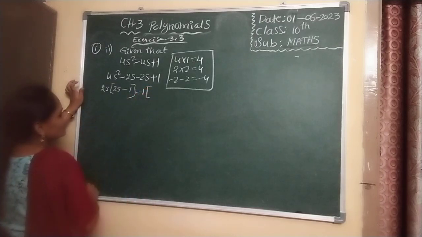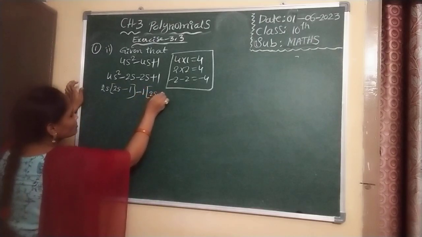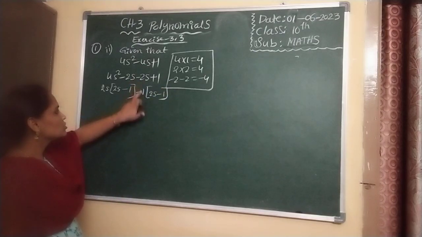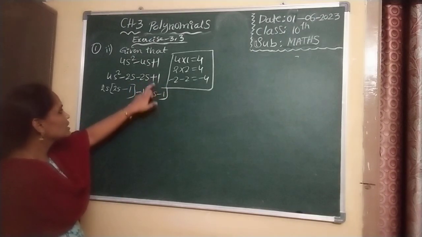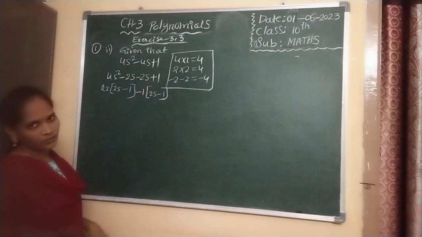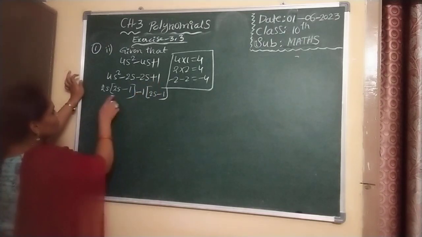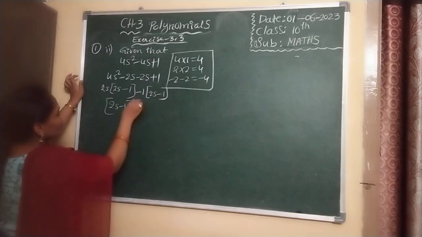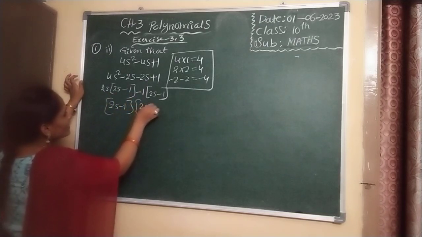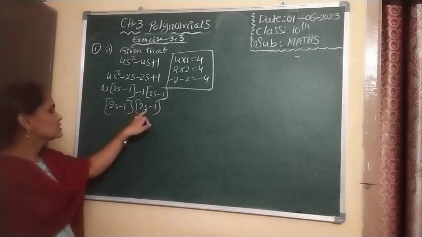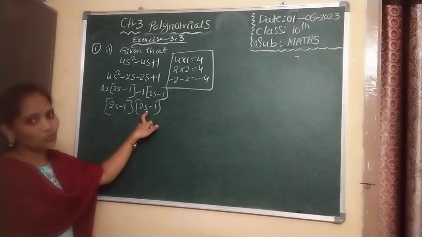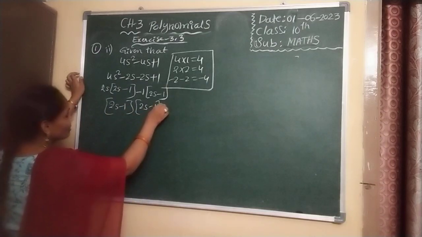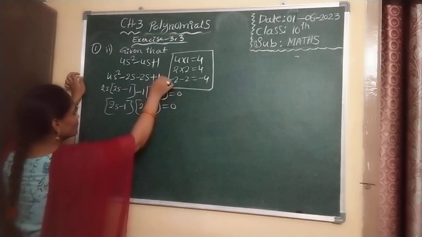If you take minus 1 common, here 2s minus 1. So minus into plus is minus 2s, minus into minus is plus 1. Now in this, 2s minus 1 is common, remaining 2s minus 1. This is 2s, don't think that it is 25. Be careful.